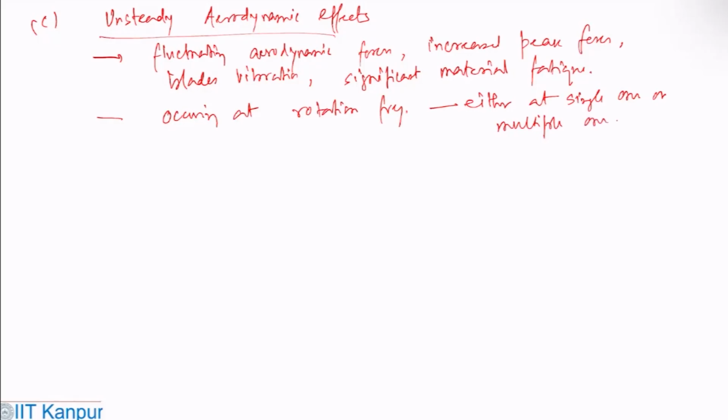Effects that occur once per revolution are often referred to as having a frequency of 1p. Effects that occur at 3 or n times per revolution are 3p or np.